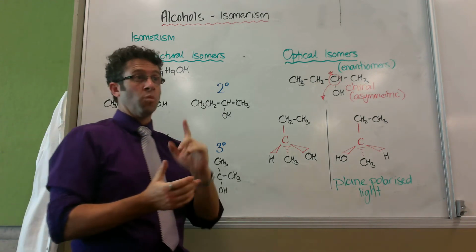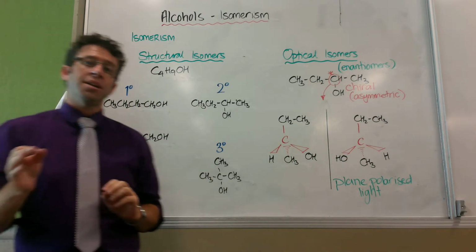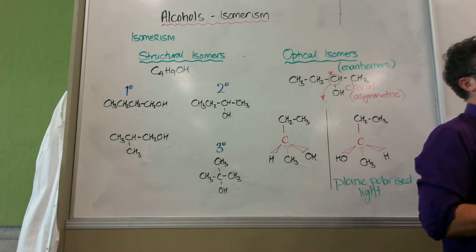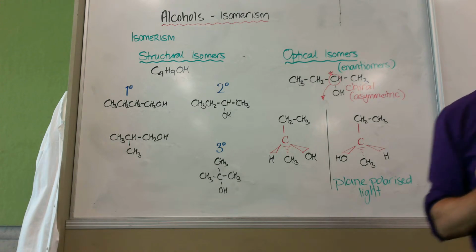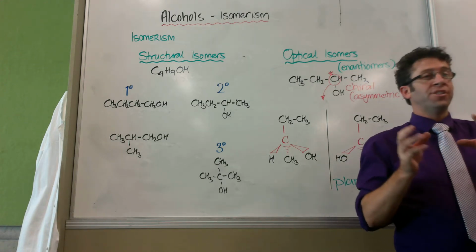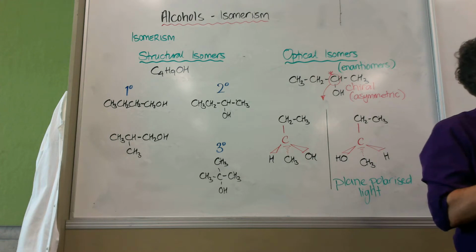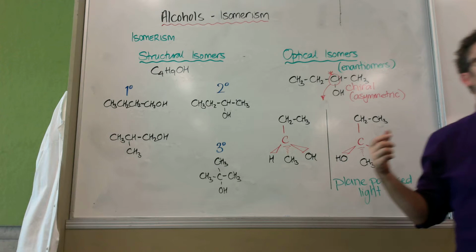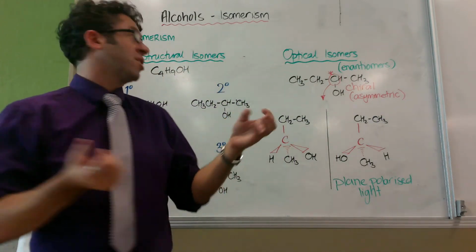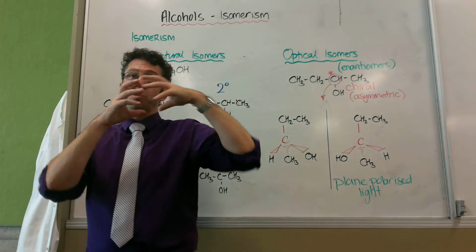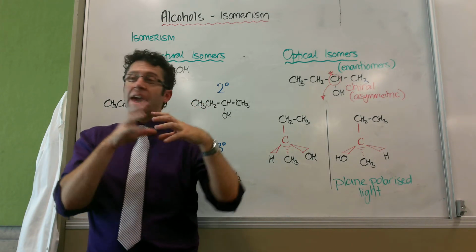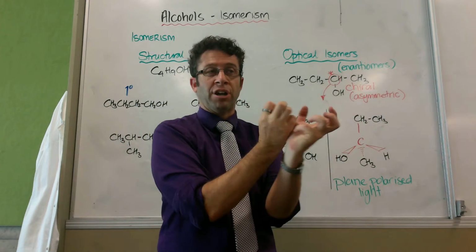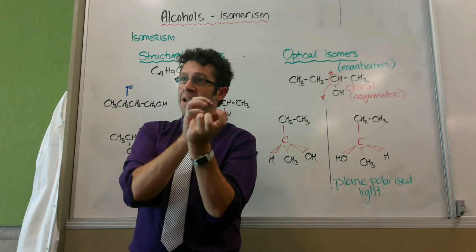Nature selects for only one of the optical isomers of amino acids. If it didn't, then it would have no control over the three-dimensional shape of a protein. So these are important for biochemistry, not necessarily so much for alcohols, but when we get to amino acids, because amino acids are always one optical isomer, when they form polypeptide chains and they fold in 3 dimensions, they always are the same shape.